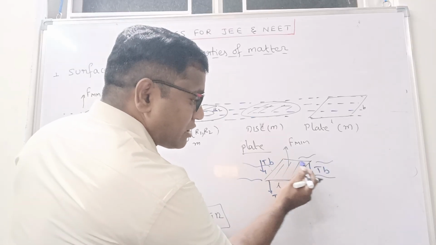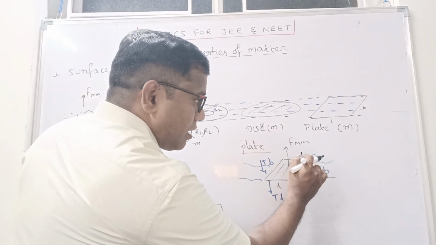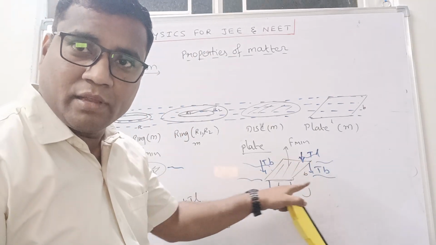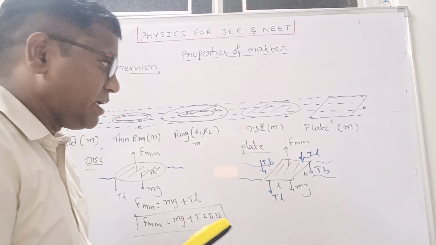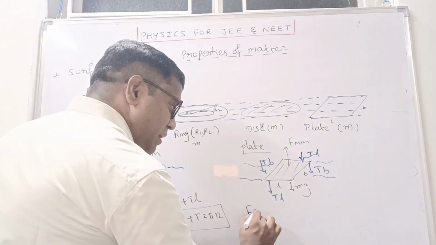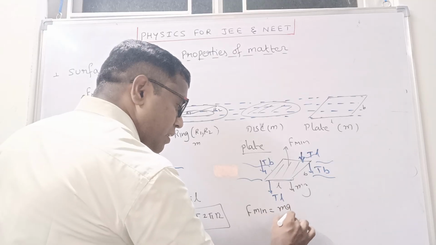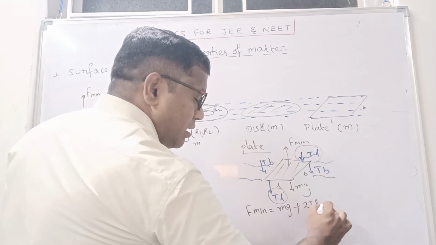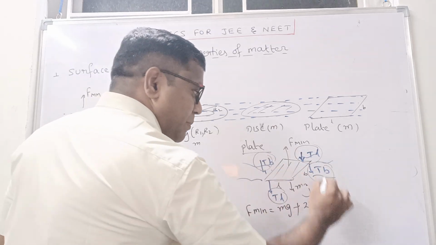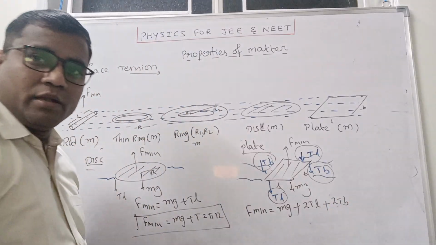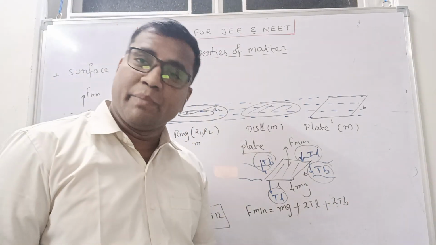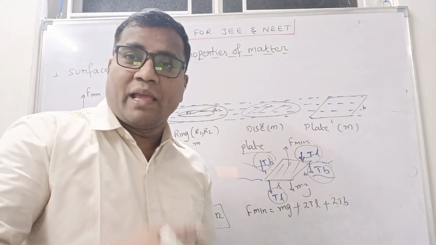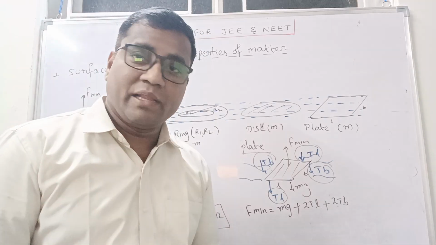And this side is also down, so downward T into L will come. Because opposite sides are equal, the minimum force can be written as mg plus this TL and this TL, so 2TL, plus this TB and this TB, so 2TB. So this will be the minimum force to lift the plate having length L and breadth B.